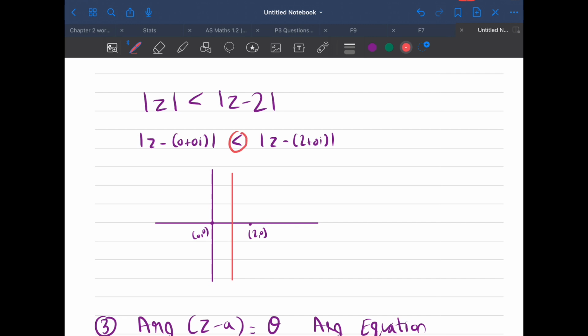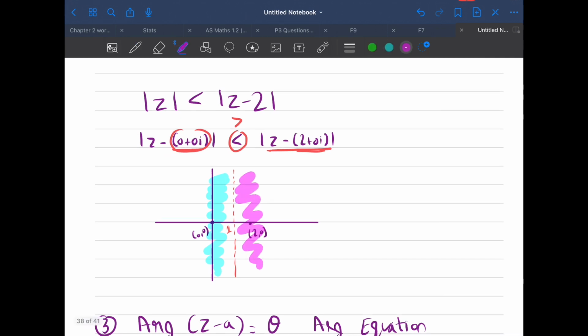Now less means nearer. Means 0 comma 0 is nearer than this, which means this side will be shaded. And will I make the perpendicular bisector a solid line? No. It's going to be a dotted line. Do you get this? If this were greater, that means 0 comma 0 is farther than this, then the 2 comma 0 side would be shaded. This one.